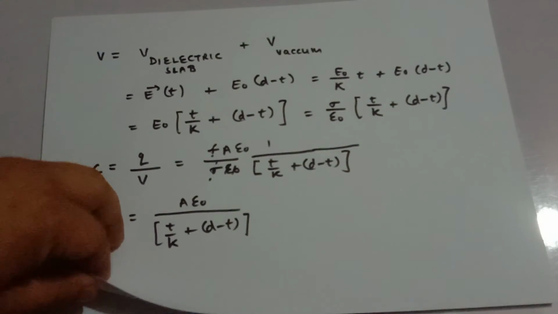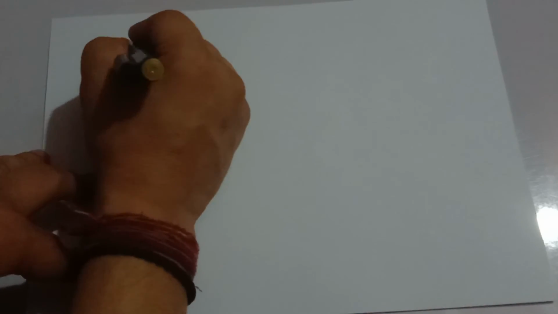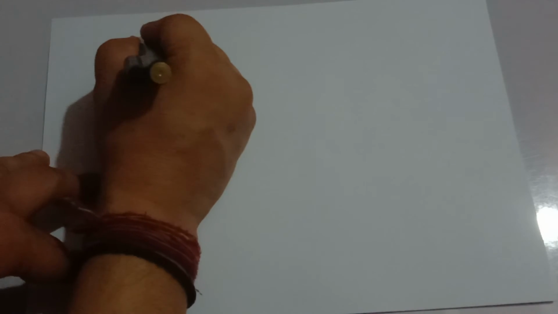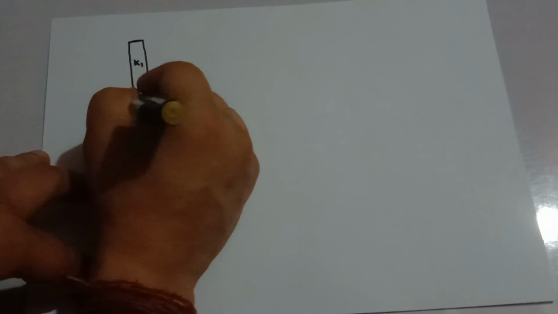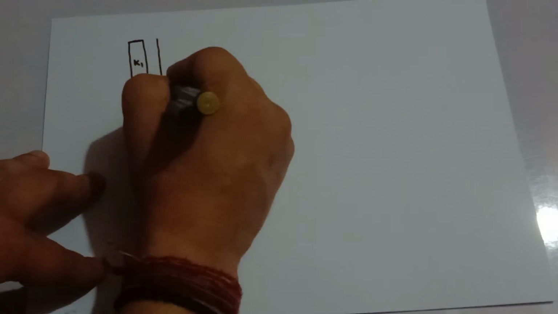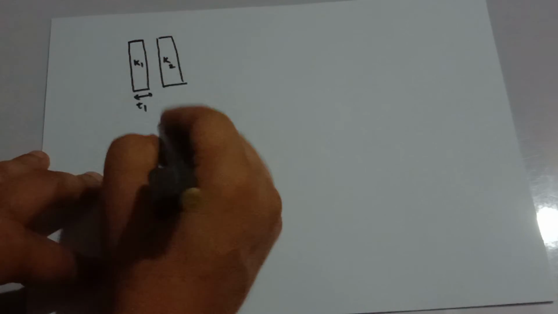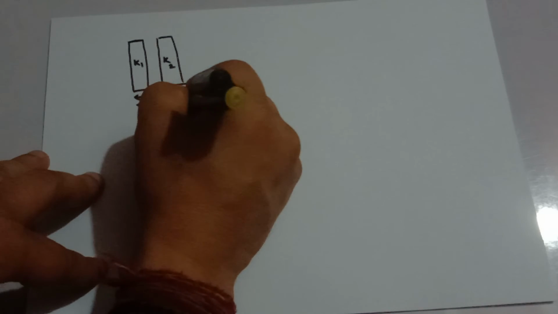Now suppose there are a number of dielectric slabs. One has dielectric constant K1 and thickness T1. Another slab has dielectric constant K2 and thickness T2.